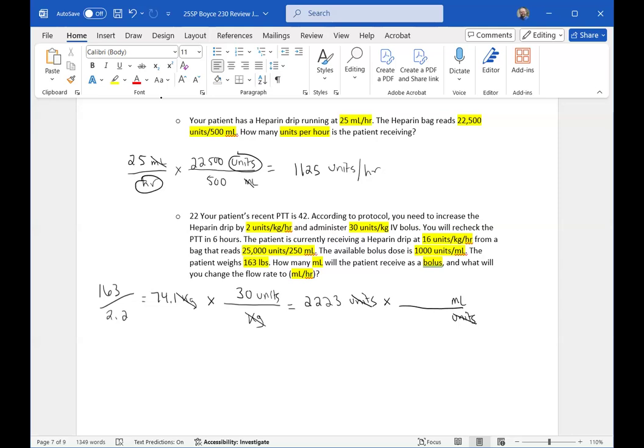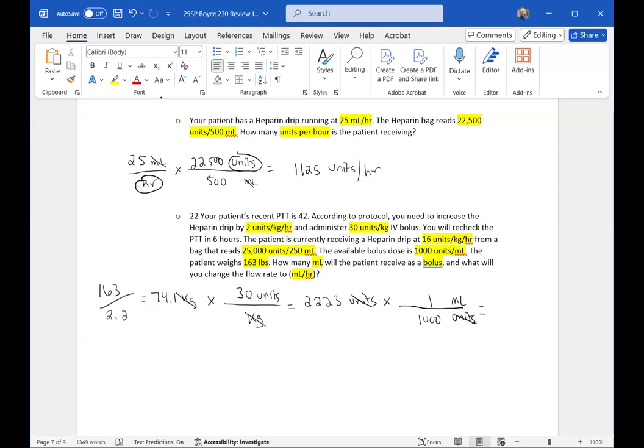You have an IV bag that reads 25,000 units in 250 ml, and then you have the bolus dose, 1,000 units per ml. We are calculating the bolus, so I'm going to use the bolus dose information. So we have 1,000 units, and we have 1 ml.